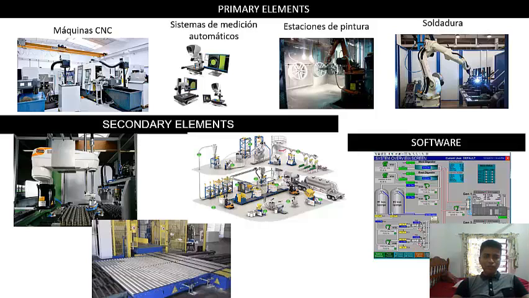And the secondary elements: loading and unloading areas for parts and tools, transport system between stations, robots for pick and place of parts, transport system based on pallets. And the ultimate level is the software. It is necessary to have software that manages all machines, the transport system, and others.